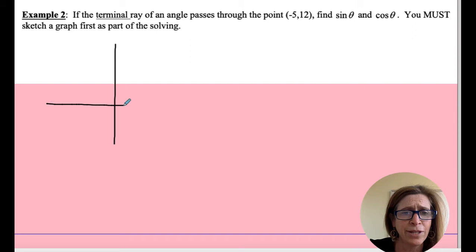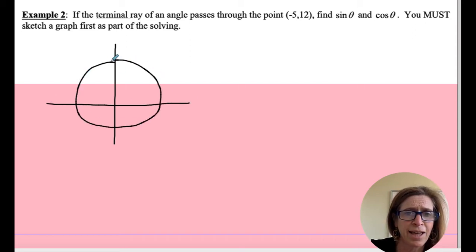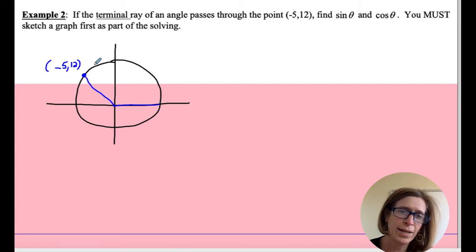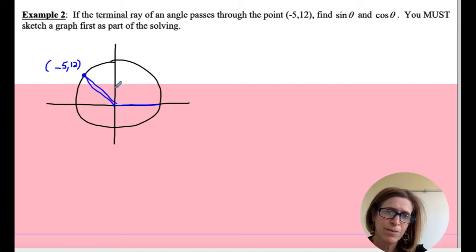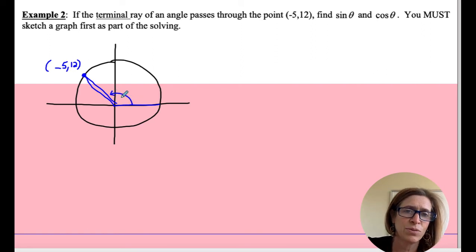So here I'm going to draw a circle centered at the origin, not a great circle because it's not symmetrical, and (-5, 12) would be right about there. I'm going to start in standard position, and go all the way to that point. This is my terminal side.